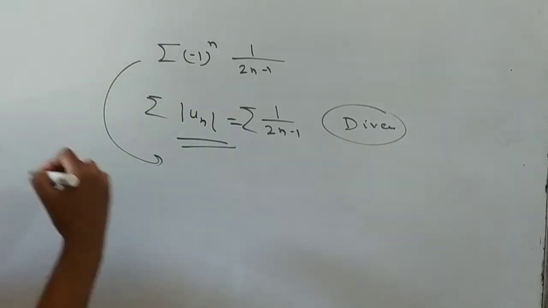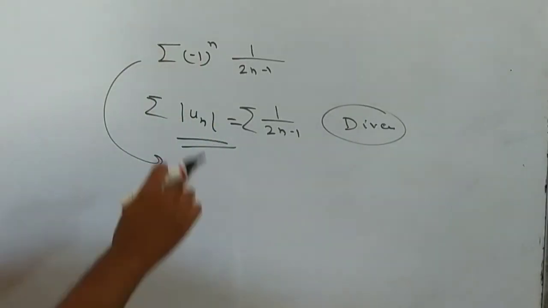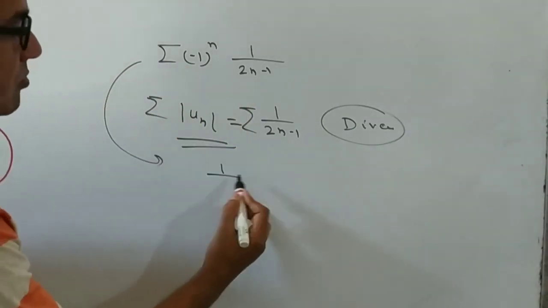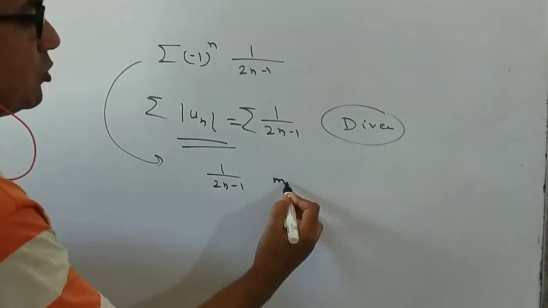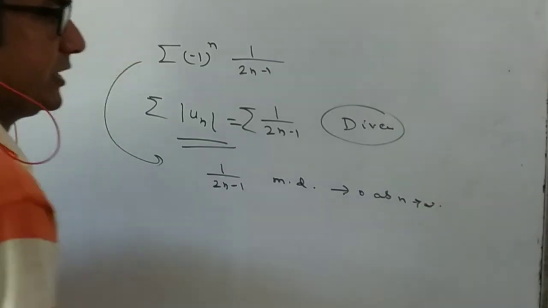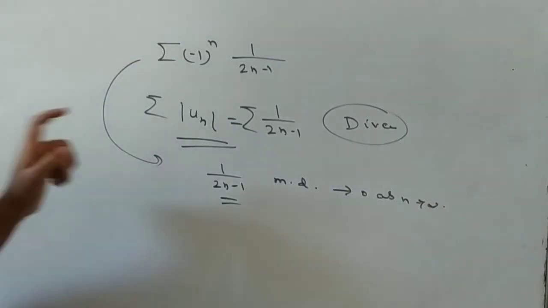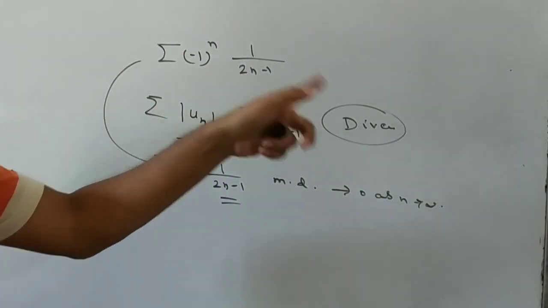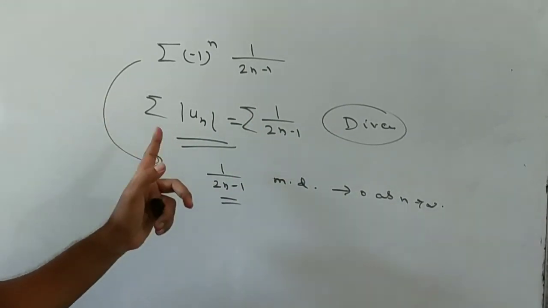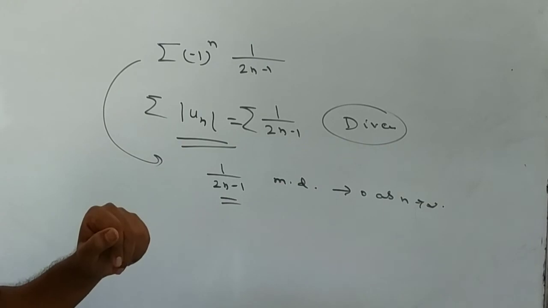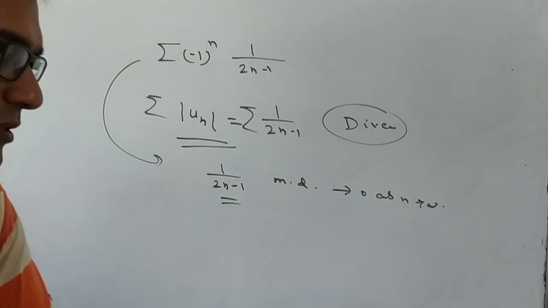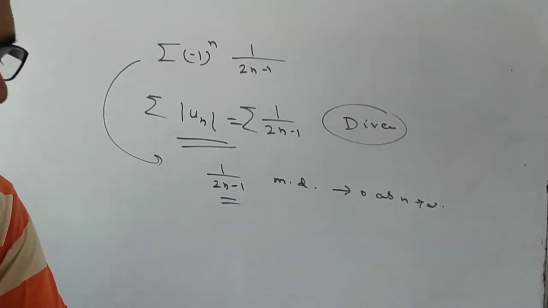But if we test this alternating series by applying Leibnitz test, it is clear that 1 by 2n minus 1 is monotonic decreasing and tends to 0 as n tends to infinity. So it must be convergent. That is, the original series is convergent, but the absolute series is not convergent, that is, not absolutely convergent. So this is a conditionally convergent series, and we say that this series is semi-convergent.